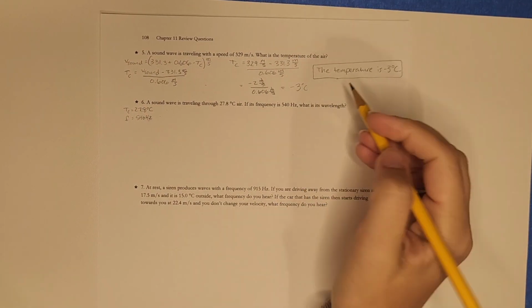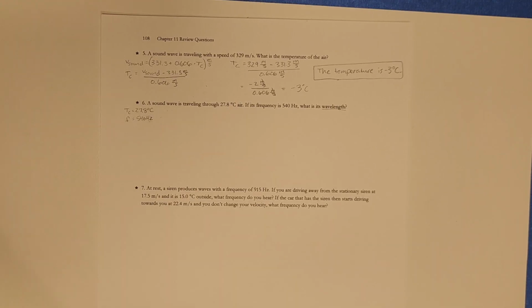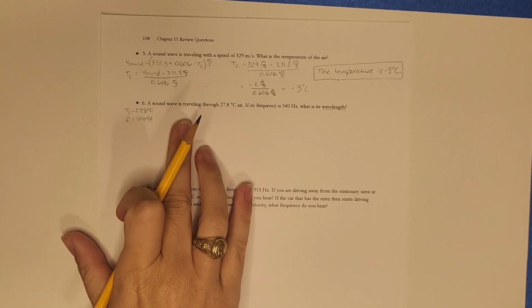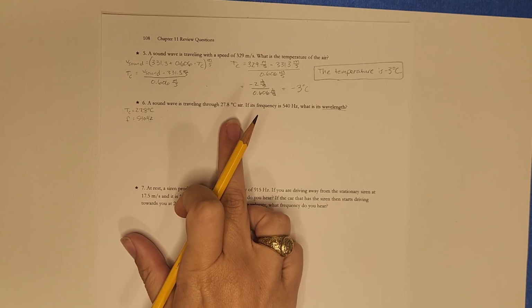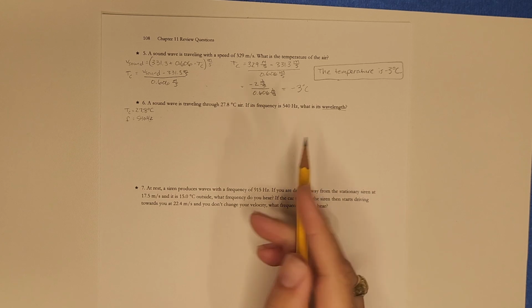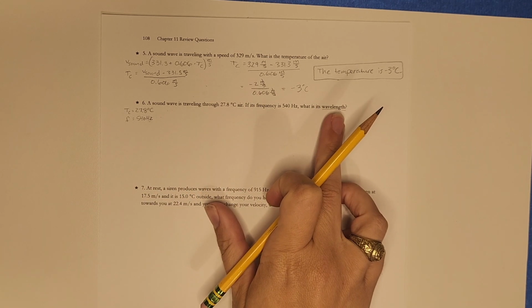And we need to know what the wavelength is. So to start with, we are going to need to use our velocity of sound equation, like we used up here, to get what our velocity is going to be. And then we can use the velocity and the frequency to determine the wavelength using equation 11.1.